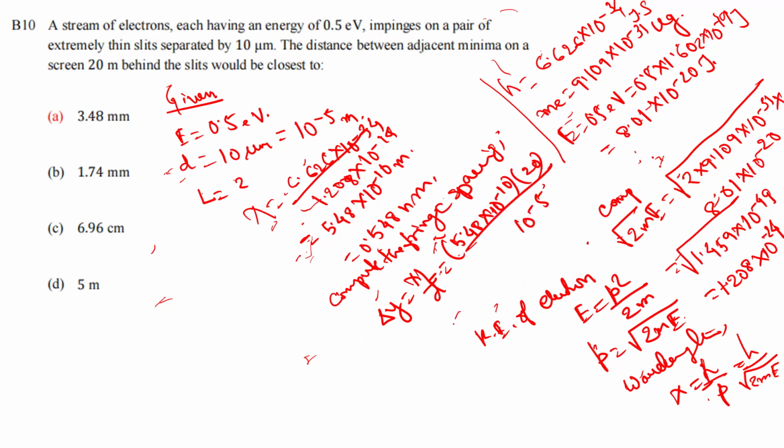After calculating, we get 1.096 mm. So this is the distance between the adjacent maxima.